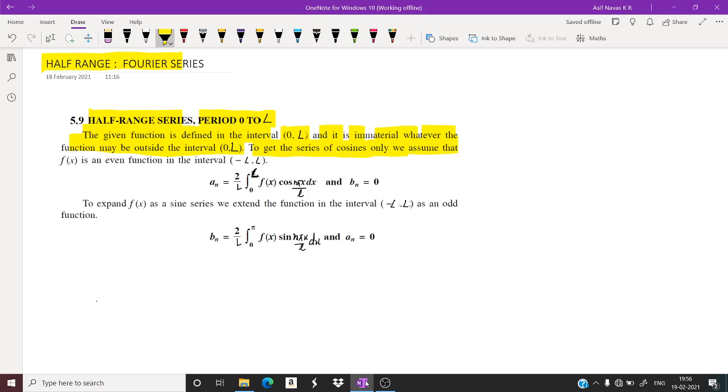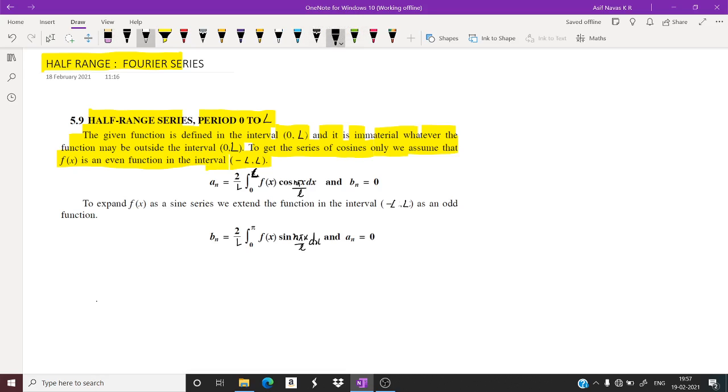We assume that f of x is an even function in the interval minus L to L. That means we will make an even extension. So if a function is defined on the interval 0 to L, we will extend this function as an even function to get the half-range Fourier cosine series.